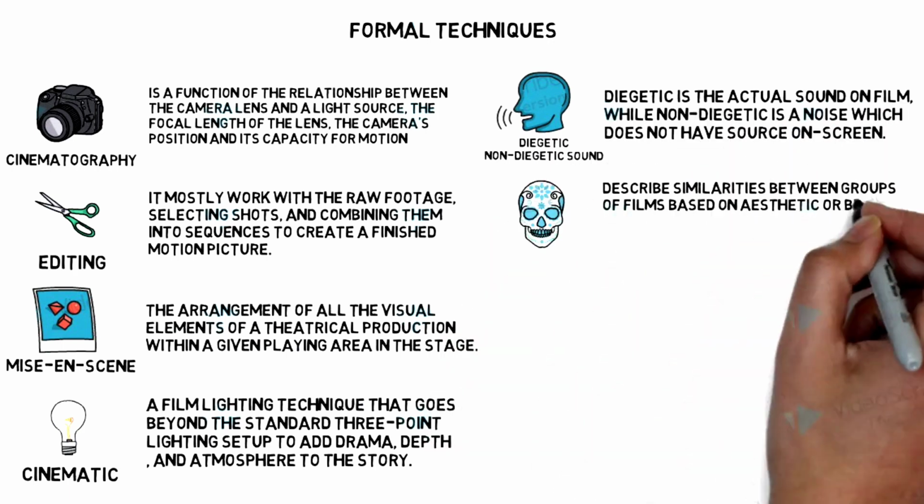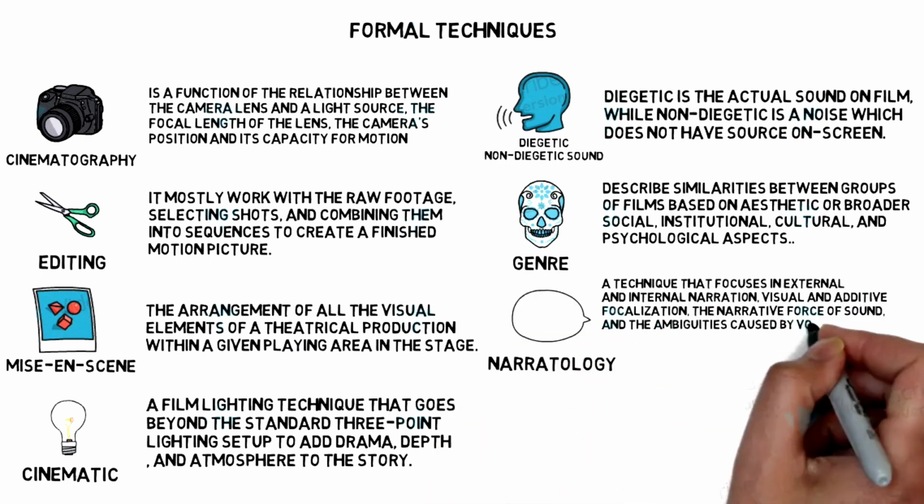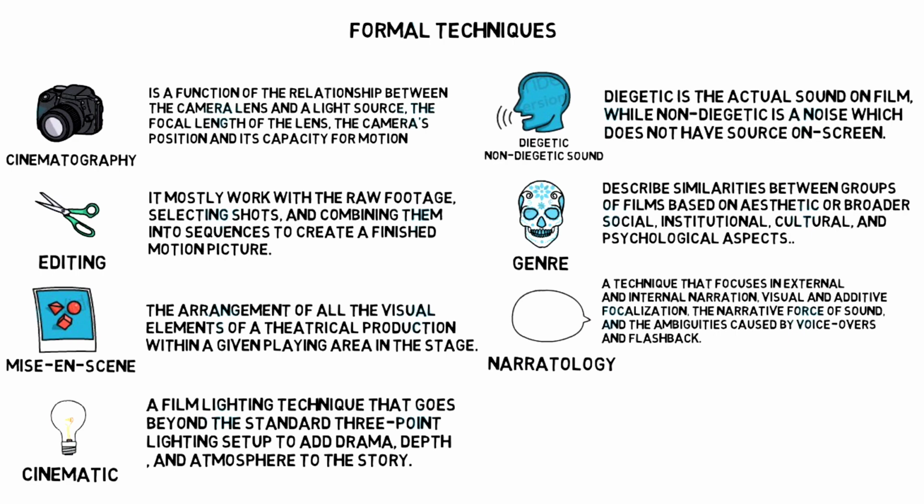And second is the editing of the film. It mostly works with the raw footage, selecting shots and combining them into sequences to create a finished motion picture. So you have to focus on the motion pictures of the film itself.